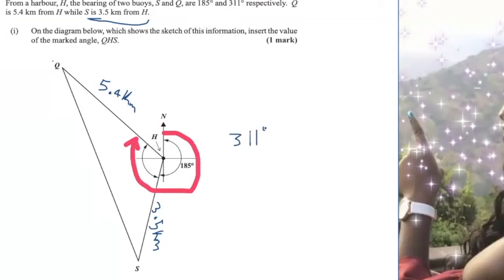So if I need to find this portion right here, remember I have that from the north to this line is 185. When I add this portion, it will give me the 311. So in order to get the extra portion, I have to subtract 185 from 311 degrees.